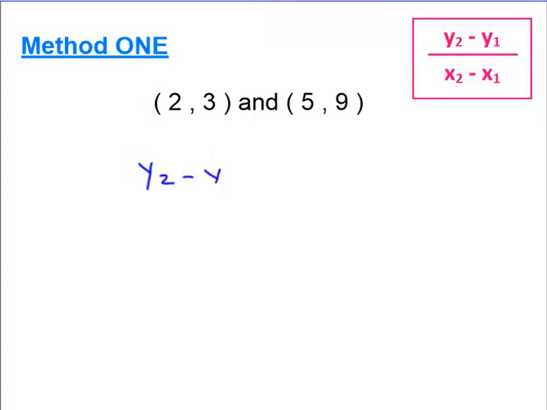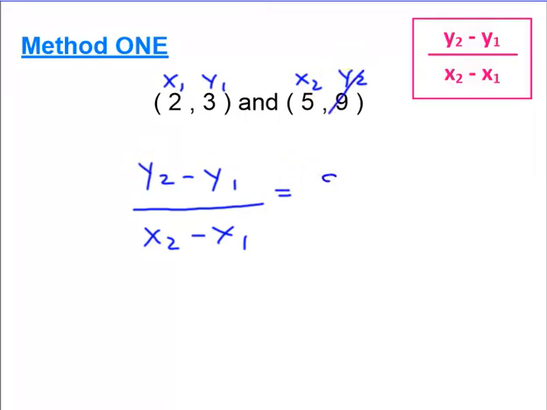y2 minus y1 over x2 minus x1. So this is our x1, this is our x2, this is our y1, this is our y2. All right, so our y2 here is 9 minus, and then our y1 is 3 over, our x2 is 5 minus, and our x1 is 2.